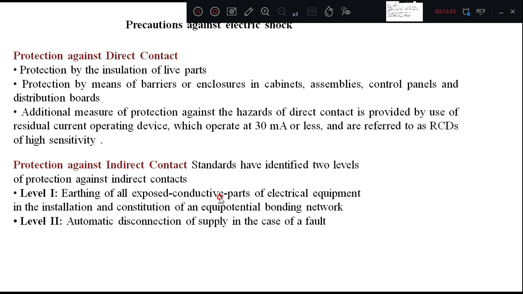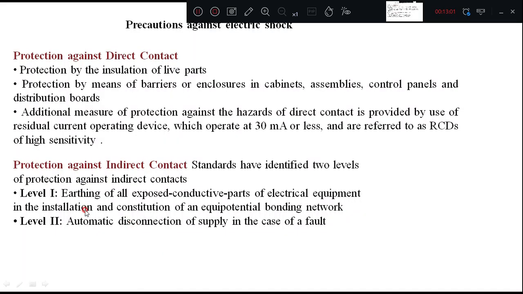And in level 2, automatic disconnection of the supply in the case of a fault is provided. These are the two types of protection for indirect contact with live wires, or indirect contact because of the failure of the insulation.